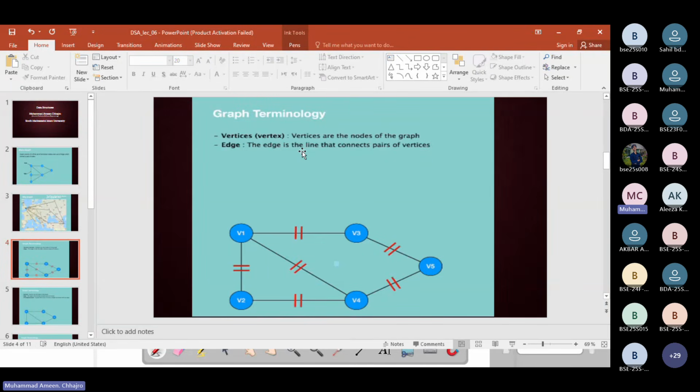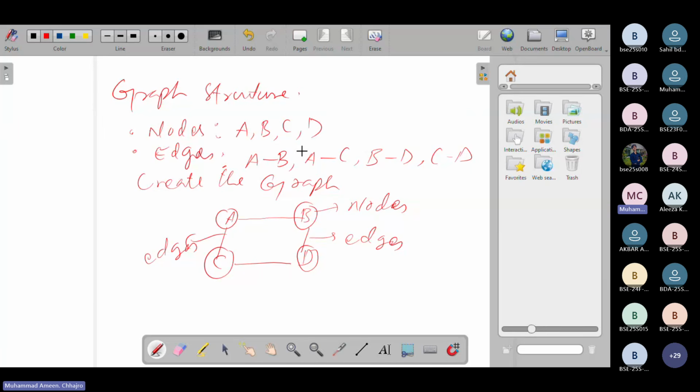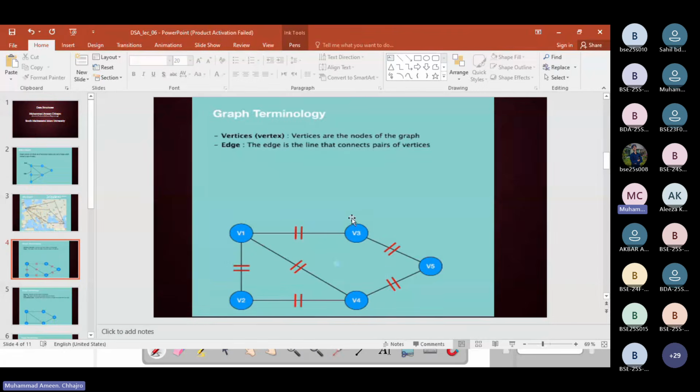Vertices are the nodes of the graph. So in graph, sometimes these nodes are called vertex, right? Vertex भी इसको कहते हैं, vertices भी कहते हैं, right? So nodes को vertices भी कहते हैं graph data structure के अंदर. Terminology 1. The second is edge.